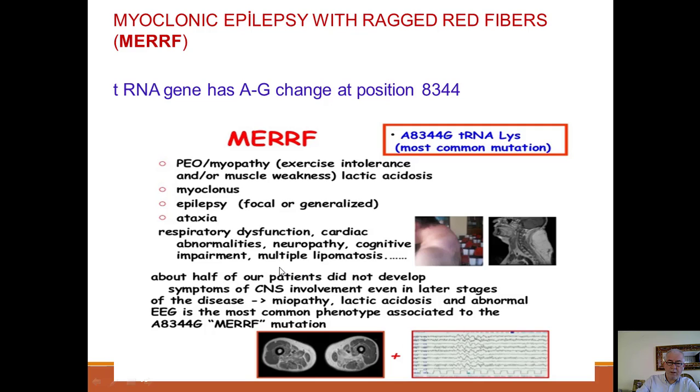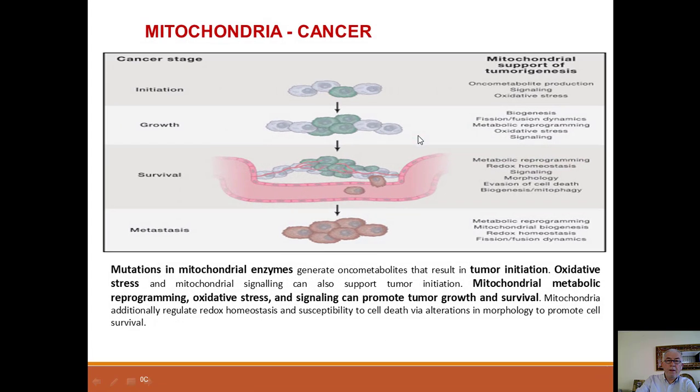And we can know problems of nerve and problems related to tRNA in mitochondria, also the lysine amino acid.